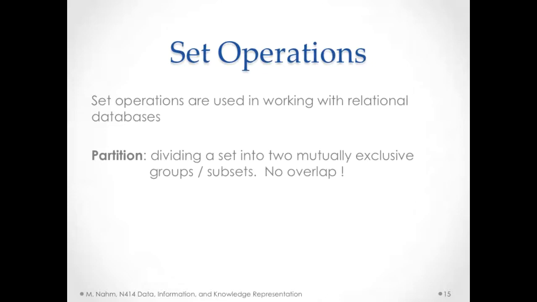And so in that case, I have a partition with 3 parts. I have the 4 wheels, I have the more than 4 wheels, and I have the less than 4 wheels. Make sense? So when I say partition, I mean clean partitioning of the set.